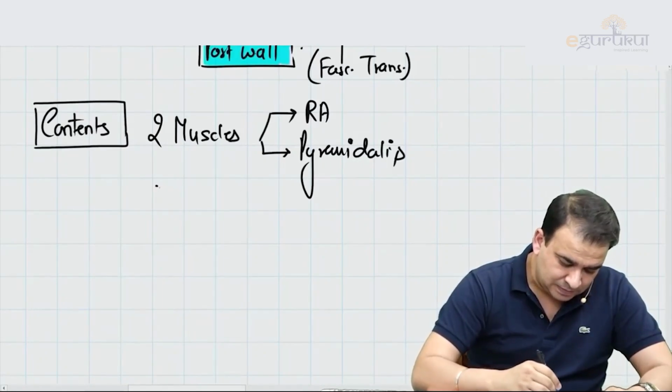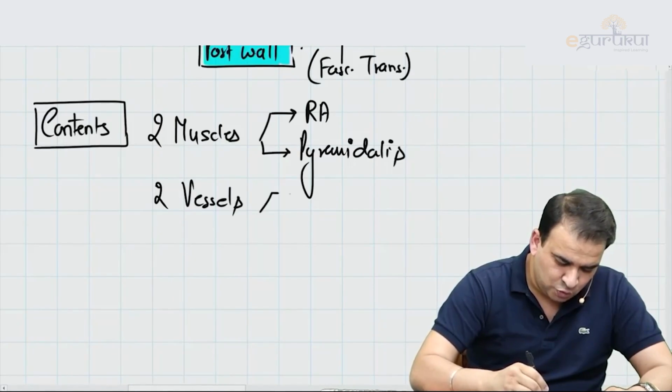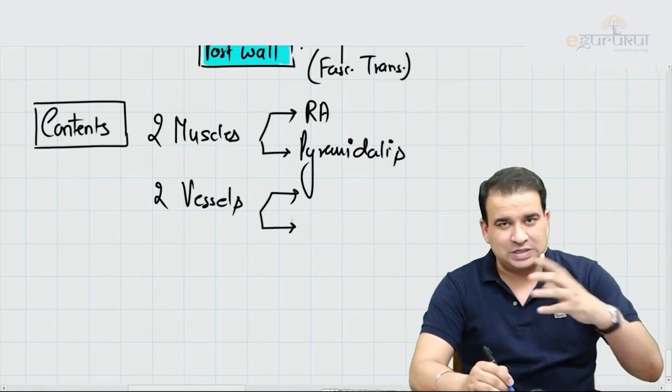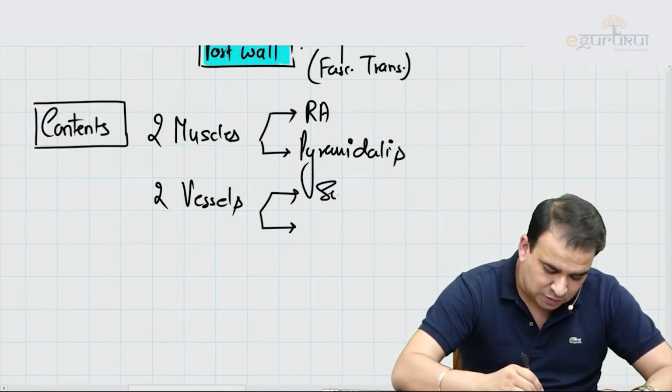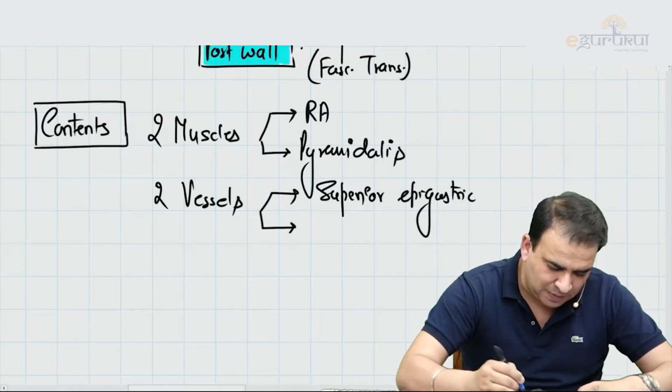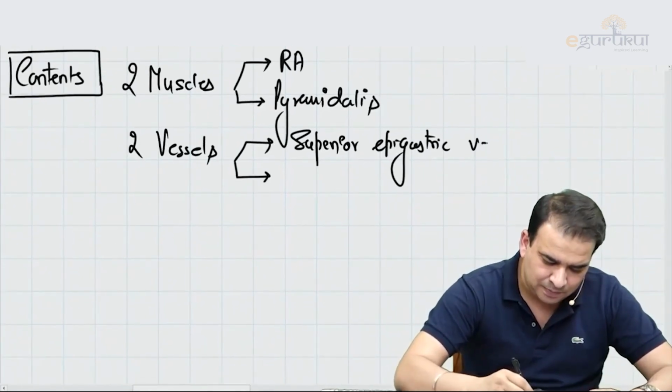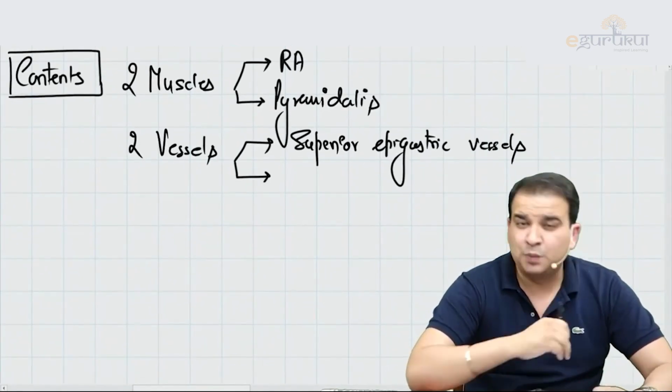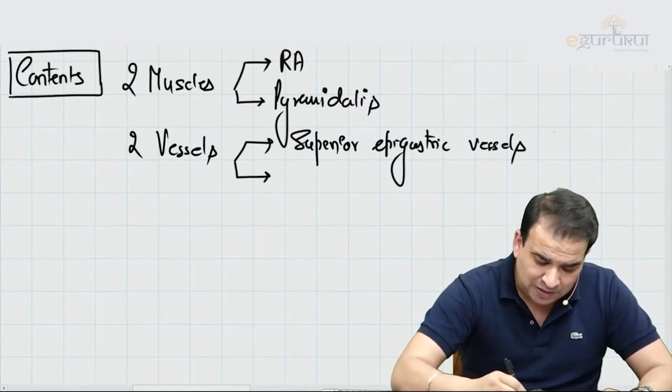Vessels. Two vessels, or I should say two sets of blood vessels. We have superior epigastric vessels. Superior epigastric artery, if you remember, was a branch of the internal thoracic artery.